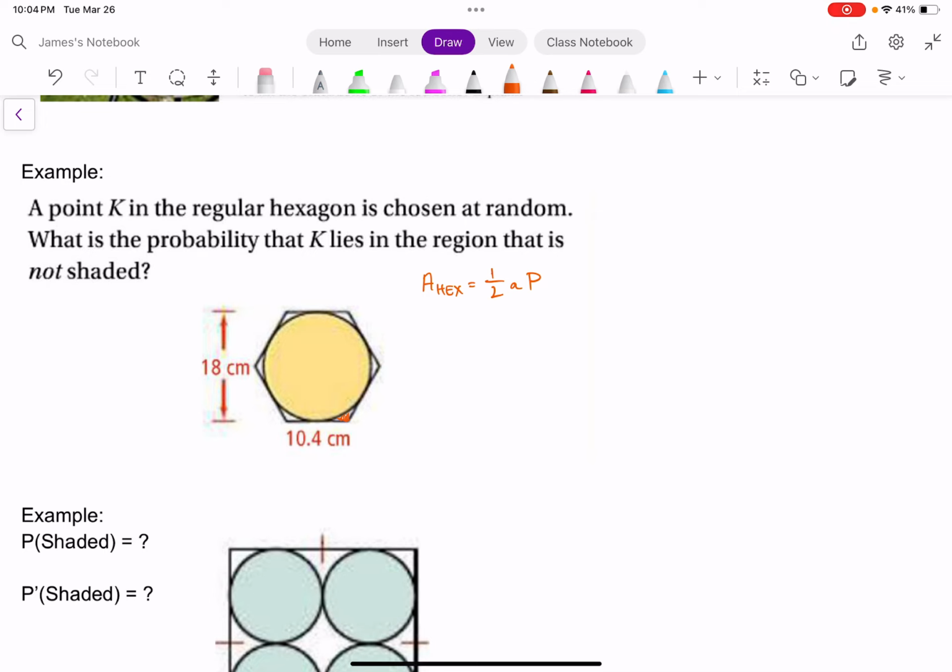Okay. Well, when I'm looking at this, it's a unique problem. If we're looking at just the hexagon, if I draw that little shape right there, remember this is a 60-degree angle. And then I'm going to cut that in half, and I'm going to get a 30-degree angle right there.